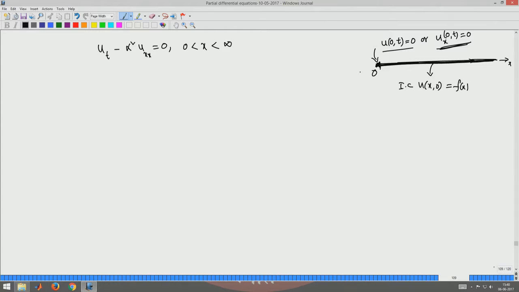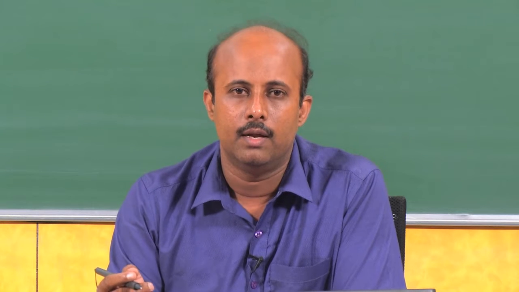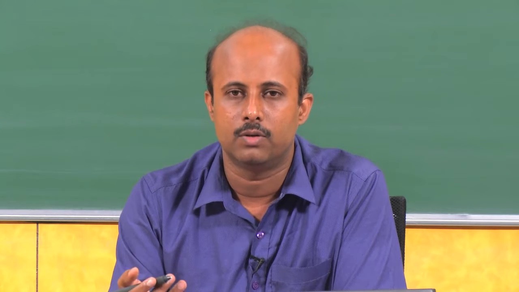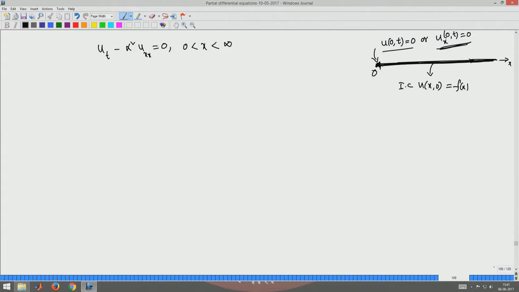If you allow the end to be free, with u_x equal to 0, you extend as an even function so the boundary condition is automatically satisfied. We made use of the D'Alembert solution over the full real line to give the solution for the semi-infinite string vibrations. We do the same thing here.